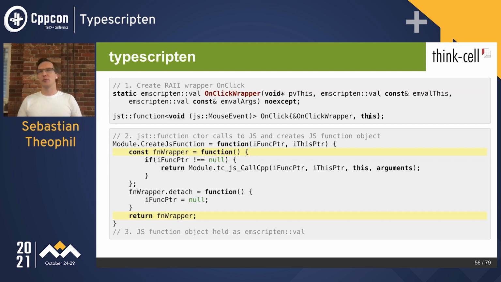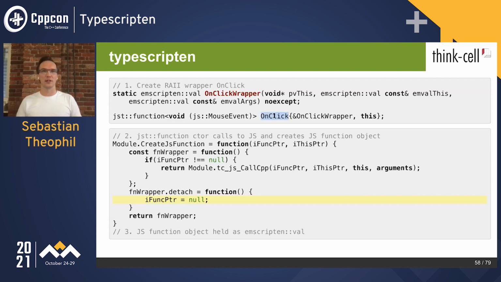And when that JavaScript function object is called, because our button is clicked, then this function pointer, the this pointer and the function call arguments will be passed back to the C++ world. Now this JavaScript function object has another interesting property that we will exploit to clean up our state machine a bit. It has a detach function. So we can detach from our JavaScript function object when our C++ function object goes out of scope.